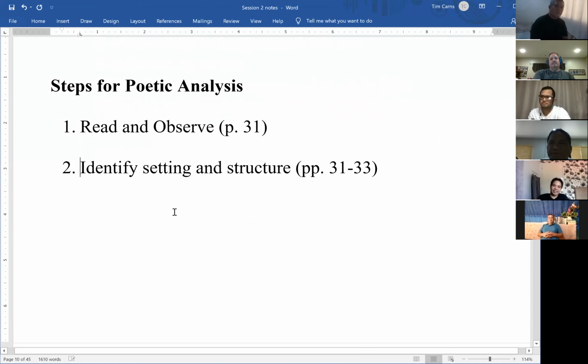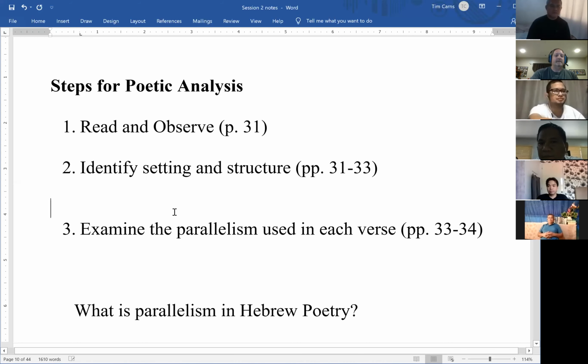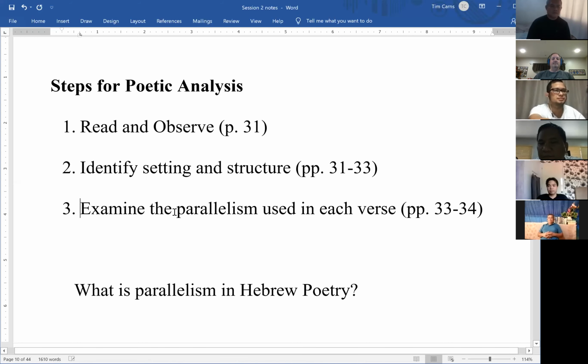So far, these are the 2 steps we've done for our poetic analysis: read and observe, and identify setting and structure. I posted the notes for this last week. Now let's move to the 3rd step in our poetic analysis, and that is where we examine the parallelism used in each verse of the poem.